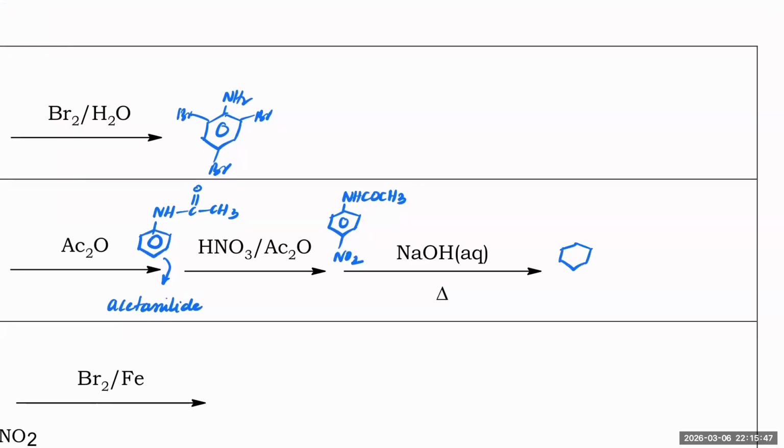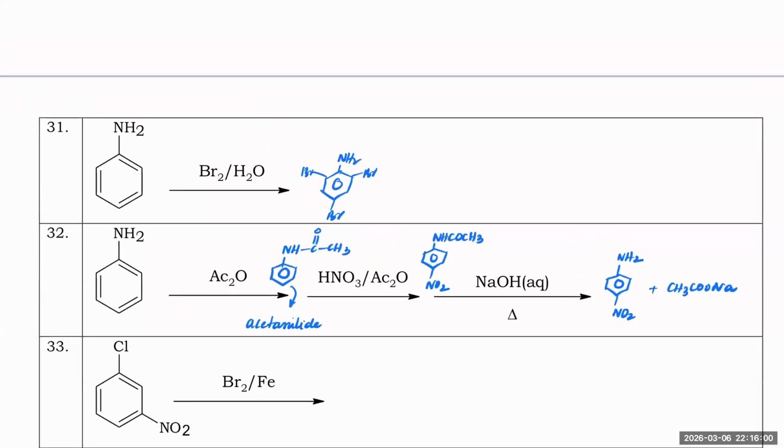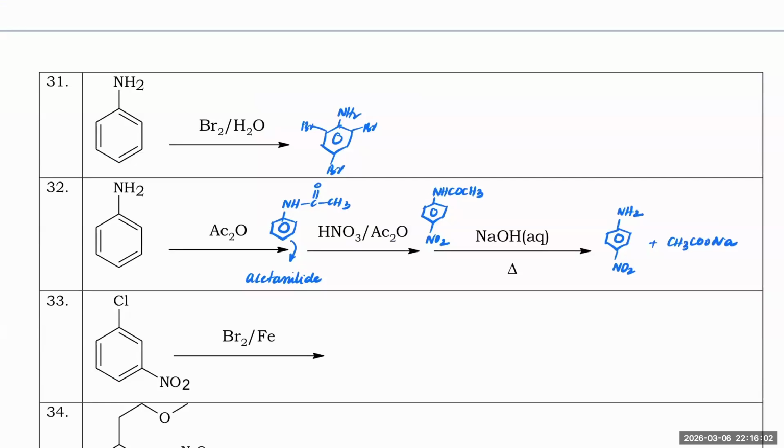And thereafter, when you do basic hydrolysis, we'll get NH2 back and NO2 will be present here, with CH3COONa. So you can see this time we managed to get only mono substitution. If you want to get only mono substitution, then you have to convert aniline first into this form. Then it is possible to get mono substitution.